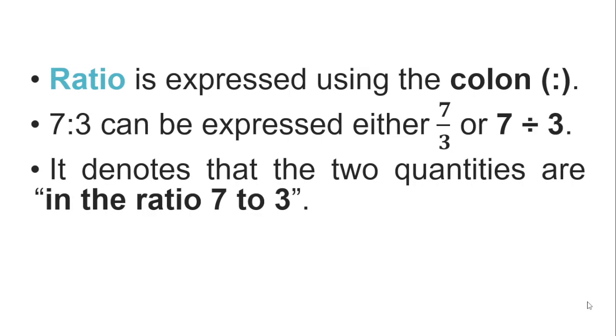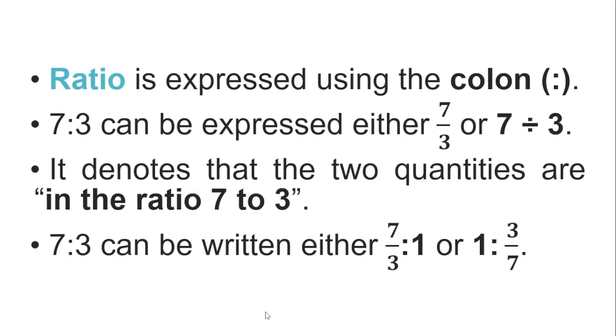Although more cumbersome, the ratio of 7 to 3 can also be written as 7 over 3 to 1. If you want to interchange them, you simply reciprocate the fraction. When we say reciprocate, the numerator goes to the denominator and the denominator goes to the numerator. So you switch it.